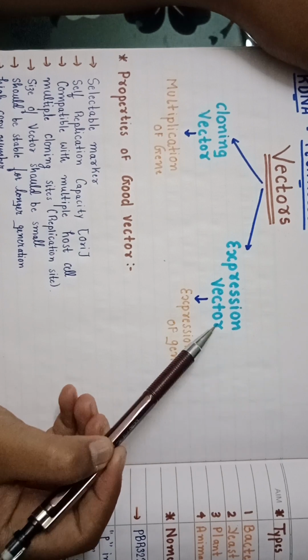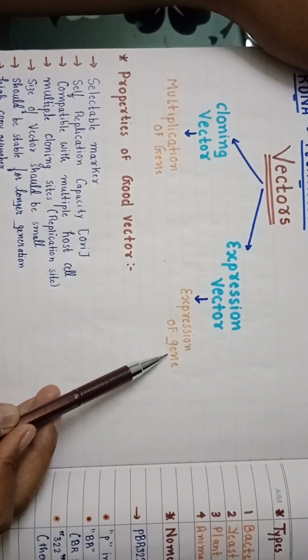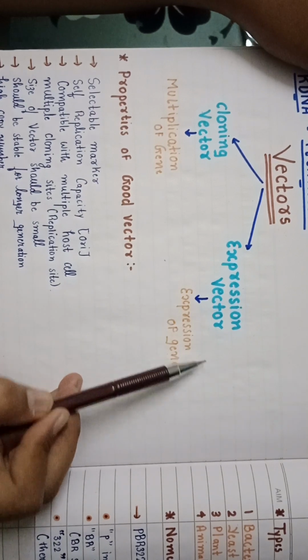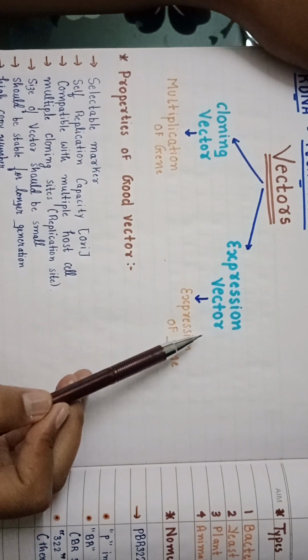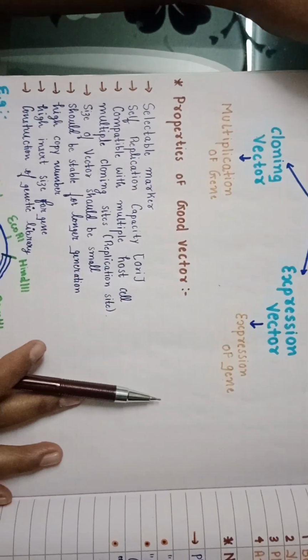Whereas an expression vector will be used when we need to express our gene into protein. At that time we will use this expression vector. Now do you understand it? Okay, let's move on.